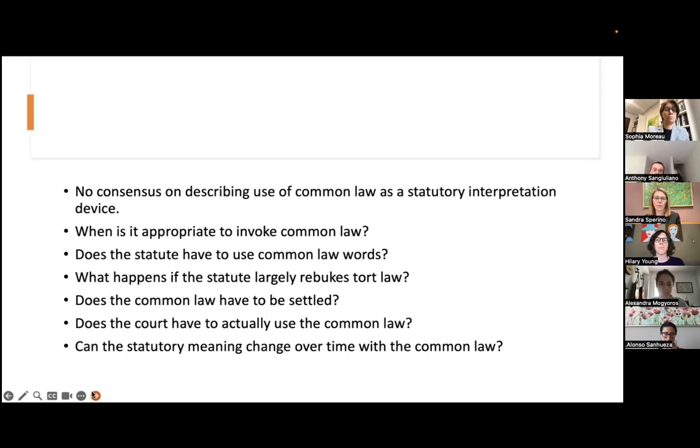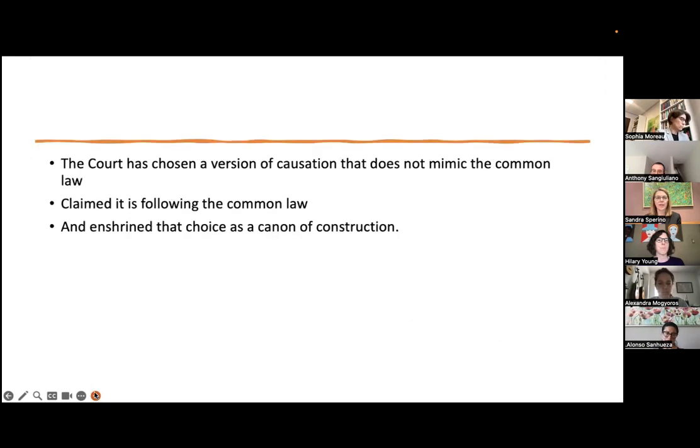It's unclear what's supposed to happen there. Does the court even have to use the common law, or can they just claim that they're using it? And then again, can we have these statutory meanings changing over time with the common law, or do we have a fixed idea?